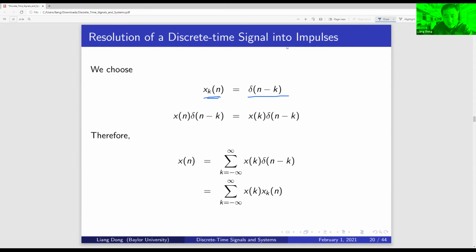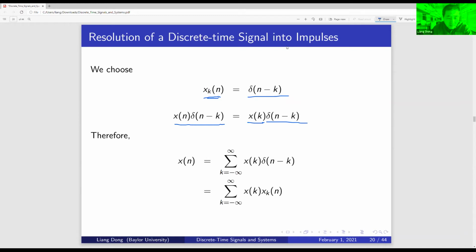So the signal x[n], if you multiply by delta[n minus k], we call that sifting, which is that we pick up the signal at time n equal to k. At any other time, it's 0. We only need x of k. This value can be selected because of the delta function. So it's the same as x[k] times delta[n minus k].